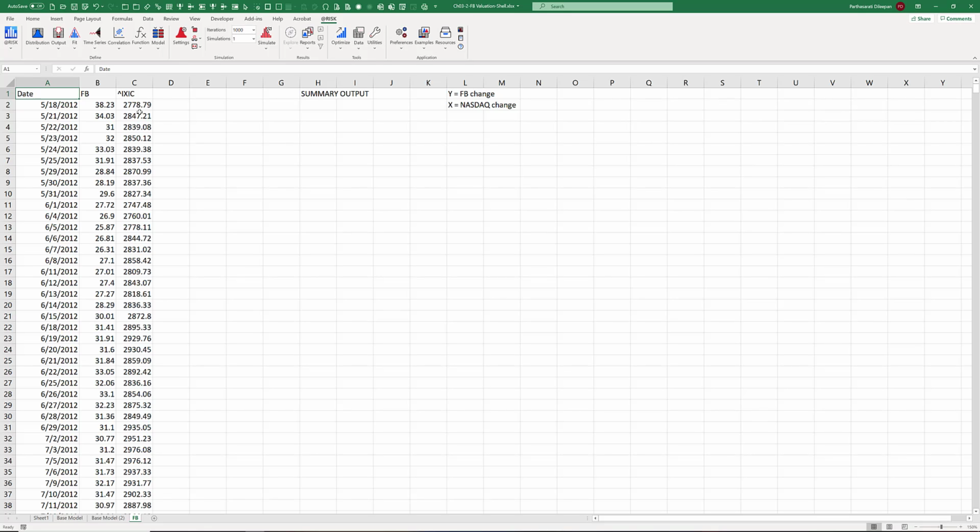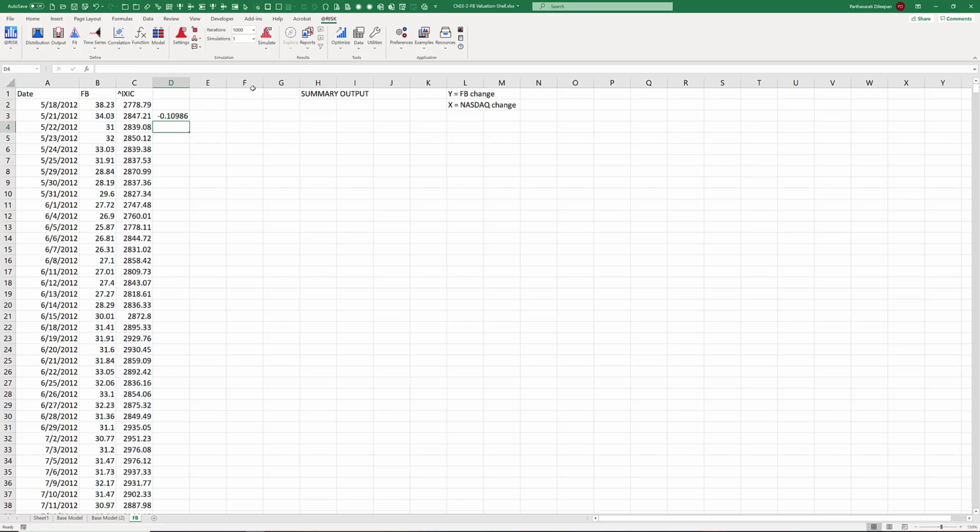So here we're going to assume what is called log return. The regular return would be the change divided by the starting point. That will give us the rate.